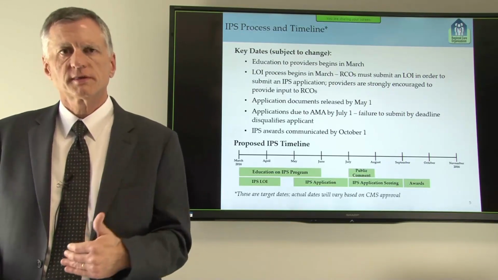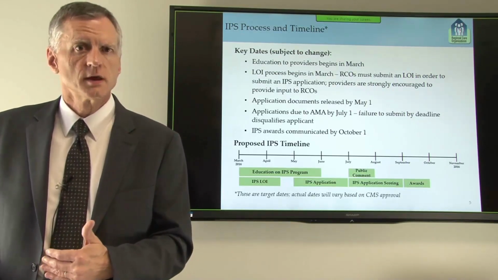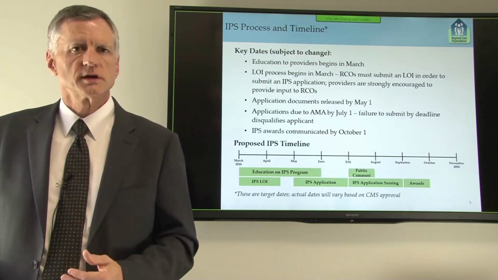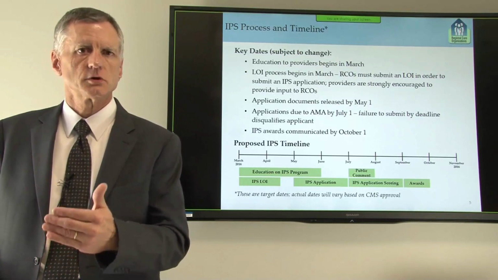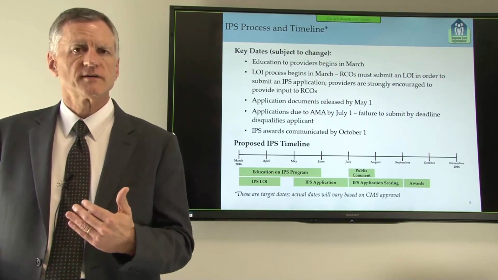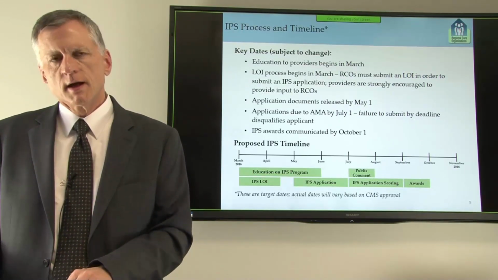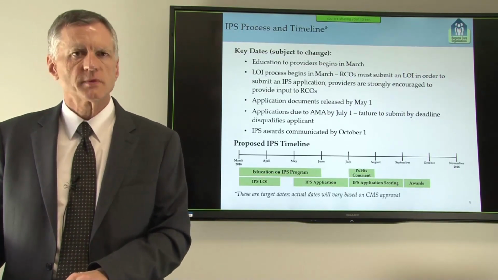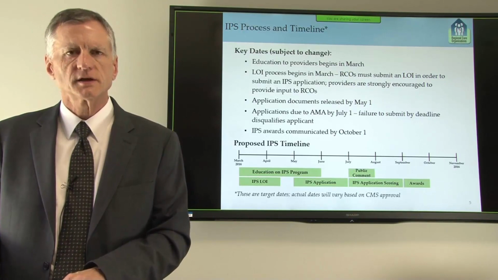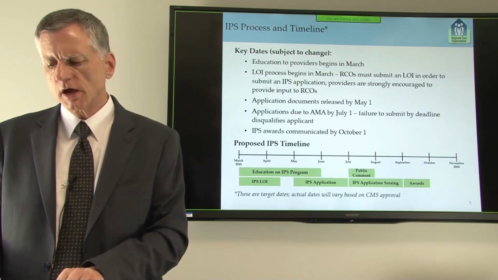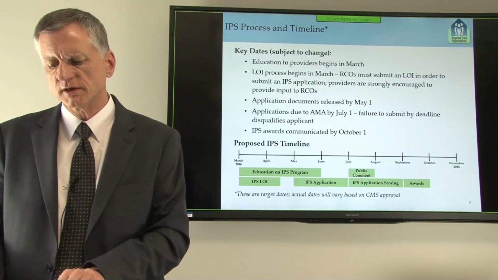And you will hear me repeat that phrase over and over again because this entire intervention in the sense of regional care organizations will be driven by the special terms and conditions from the federal government associated with the waiver. That's what's driving this timeline. It does mention that there will be a public comment time period. All of the applications that we get will be shared publicly, and the public will have an opportunity to comment on the applications that we receive.